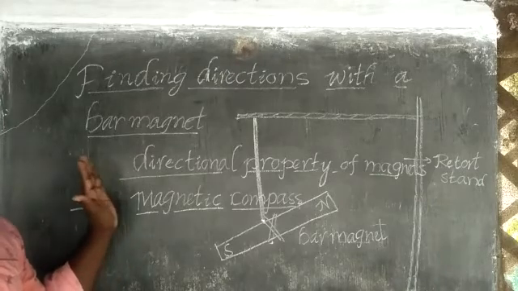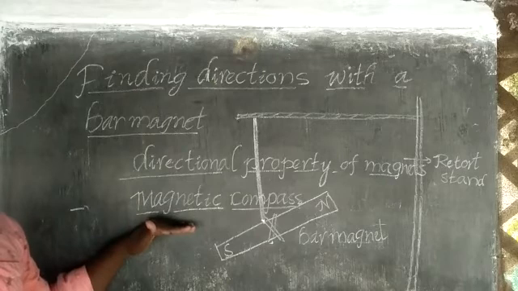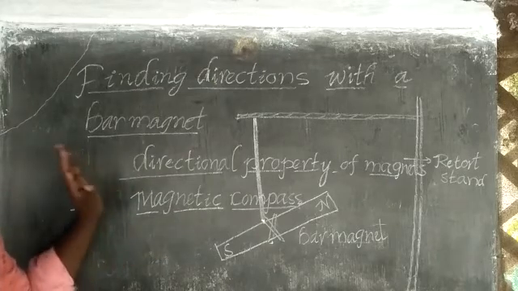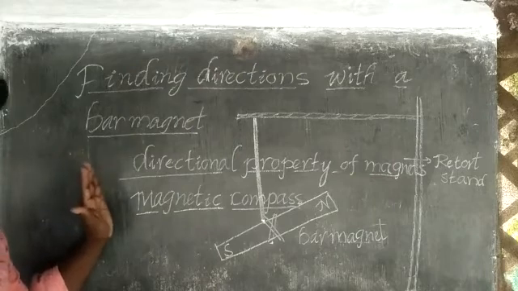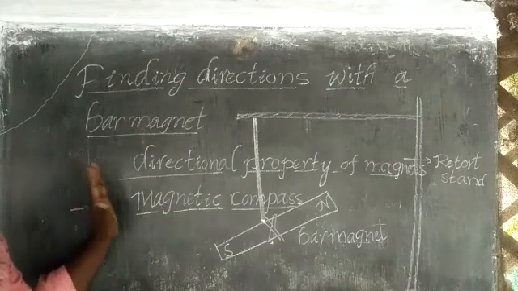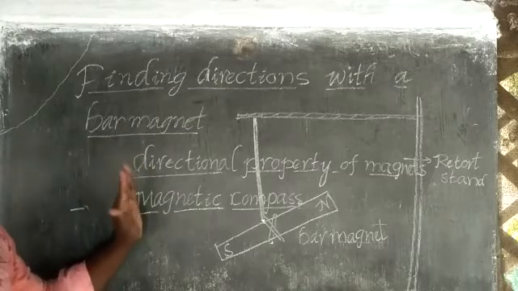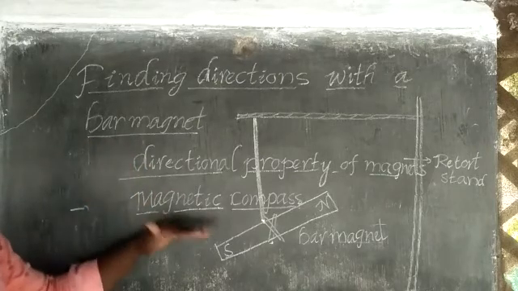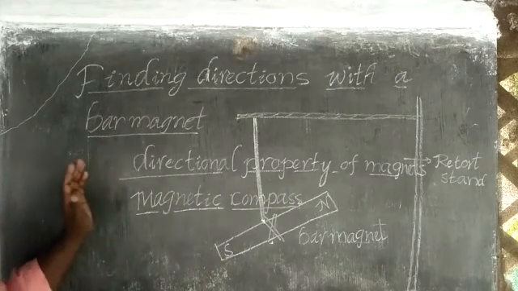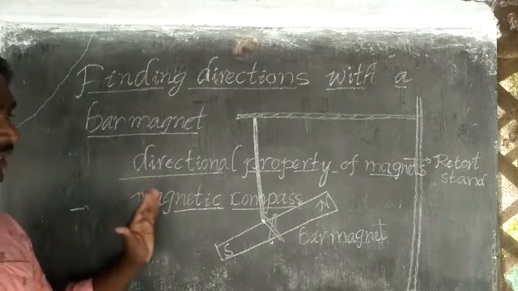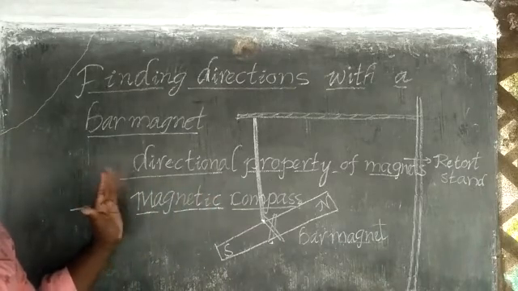This needle is pivoted at the center of the compass, and a dial is present on the compass with the directions marked. That is, the south, north, east, and west directions are marked on the dial. This magnetic compass helps us know the directions: north, south, east, and west.